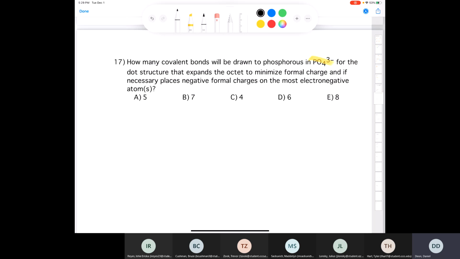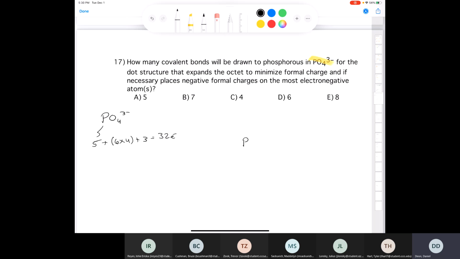Well, let's start by tallying up the total number of valence electrons. So if we have PO4 3 minus, phosphorus has 5 valence electrons, oxygen has 6 times 4, and then we add 3, so that's going to be 24 plus 8. That gives us a total of 32 valence electrons.